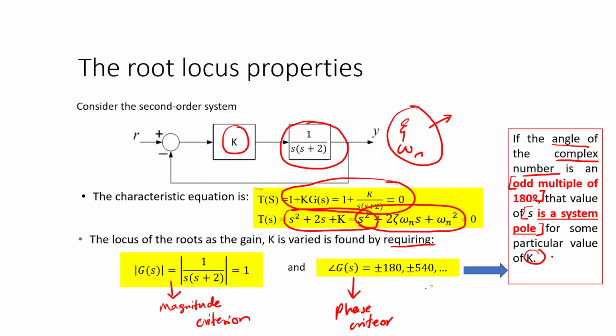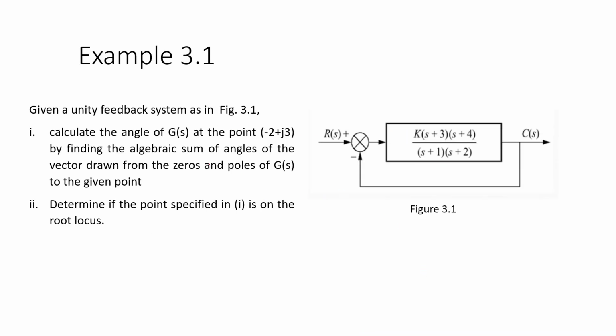So let's see some examples of these root locus properties. Example 3.1. Given a unity feedback system as in figure 3.1, calculate the angle of G(s) at the point -2 plus j3 by finding the algebraic sum of the angles of the vectors drawn from the zeros and poles of G(s) to the given point.